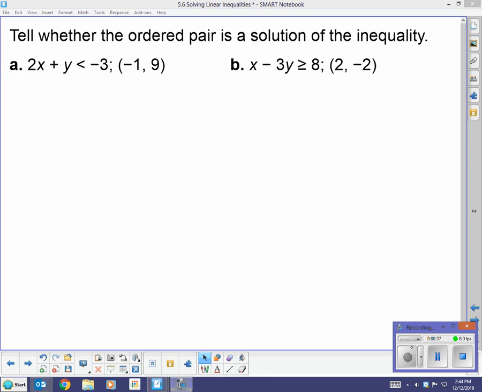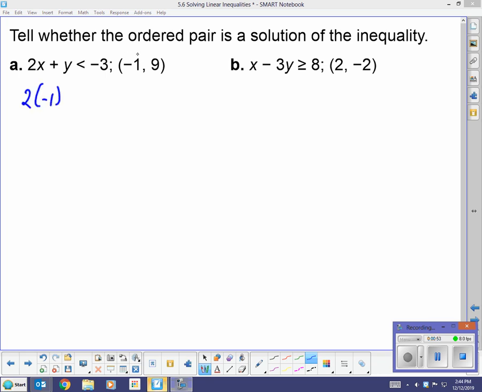So we start every new section or new idea with this idea. How can we tell whether a given ordered pair is a solution for an inequality? And like always, we just substitute and simplify.